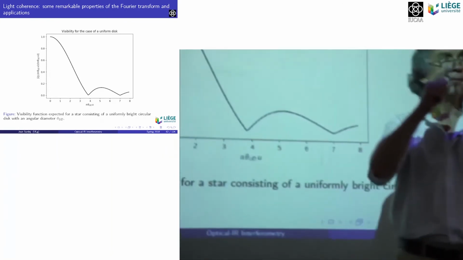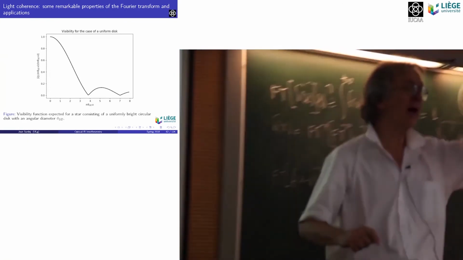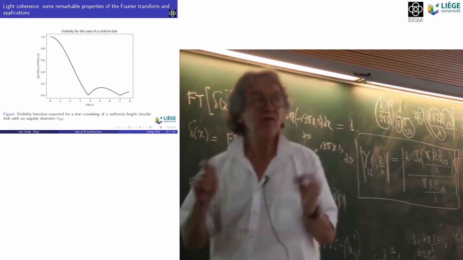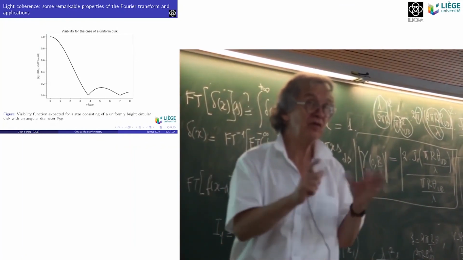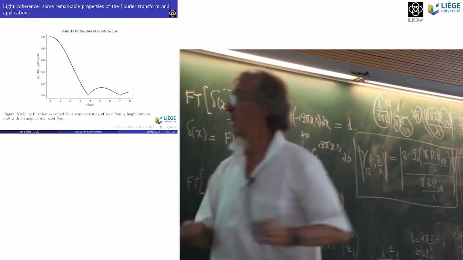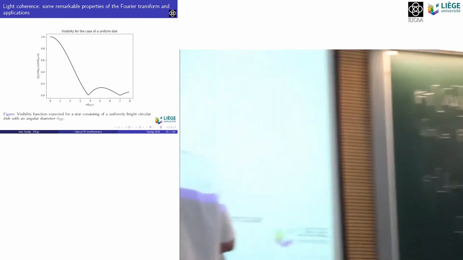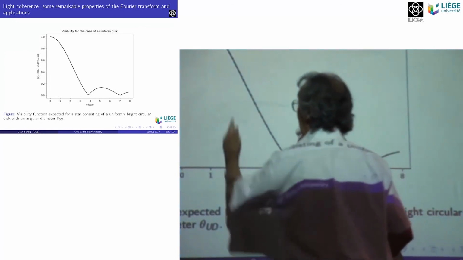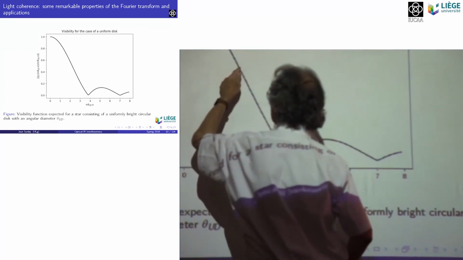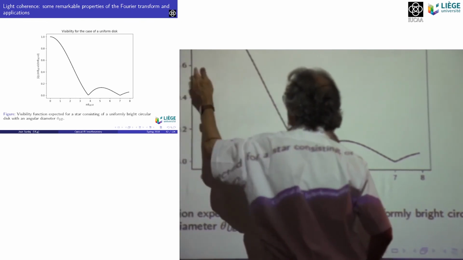So we look at a star, and we assume that it is a uniformly bright disk, even by making one measurement. If your approximation is correct, so you assume that the star is a uniform disk, you just make one separation between the two telescopes, one visibility measurement, so I got the value.